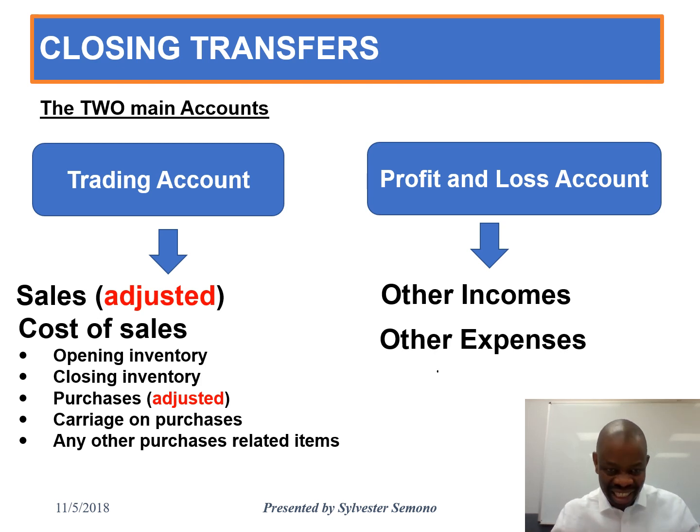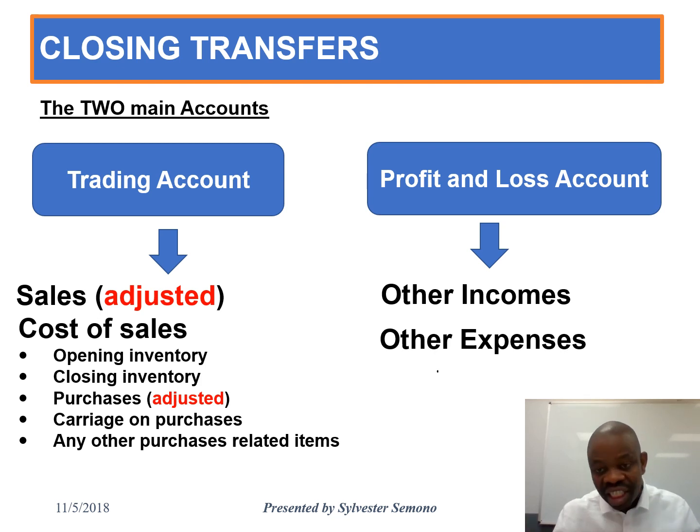We call that debtors allowances, or sometimes you can call it sales return. So the sales returns must be deducted from the sales, but I'll go into detail on the next slide. Again, the cost of sales needs to be transferred to the trading account. So in a nutshell, in the trading account, we transfer sales and cost of sales.